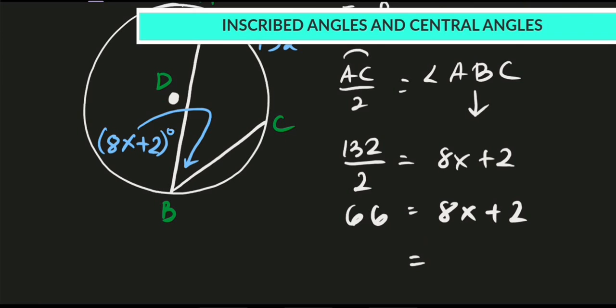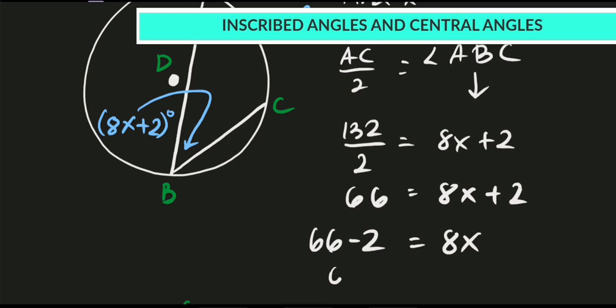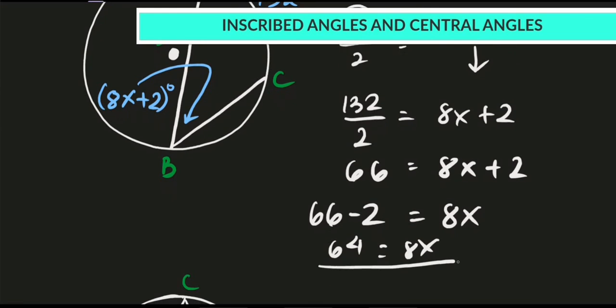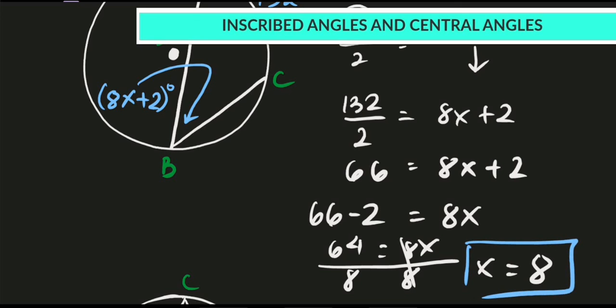Just isolate the value of x, so subtract 2 from both sides. Therefore 8x equals 66 minus 2, and that is 64 equals 8x. Divide both sides by 8. Therefore the value of x is 64 divided by 8, that is equal to 8. So that is the value of x.